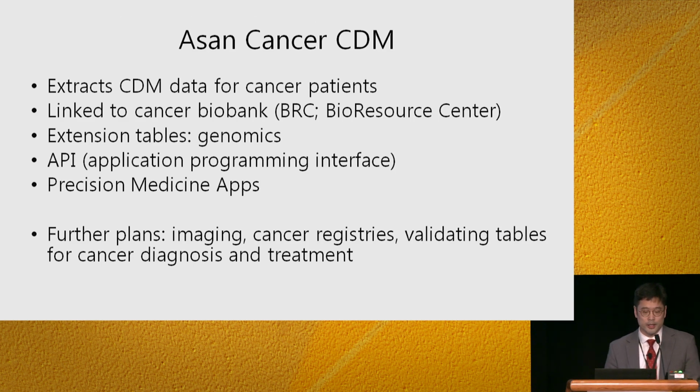For these data, we wanted to go beyond just collecting data and have an implication in everyday practice. So we wanted to link it with the tissue banks and build an API so that we could build further applications that could be used for precision medicine.